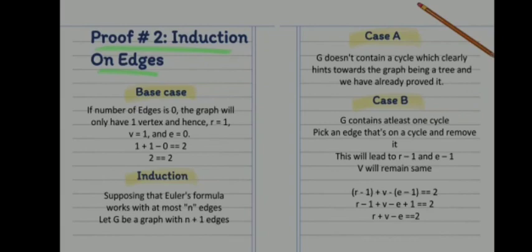In case B, the graph G contains at least one cycle, and the number of cycles may be more than that. And in that case, we pick an edge and remove it. This leads to R minus 1 and E minus 1 as V remains the same. And that just proves our formula.